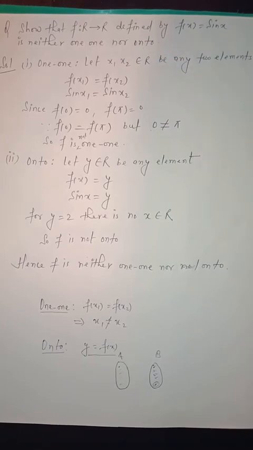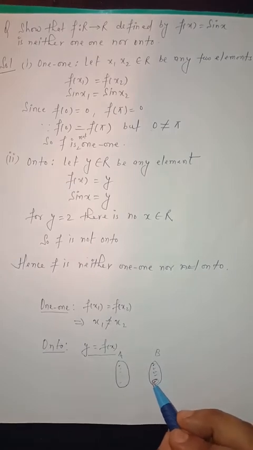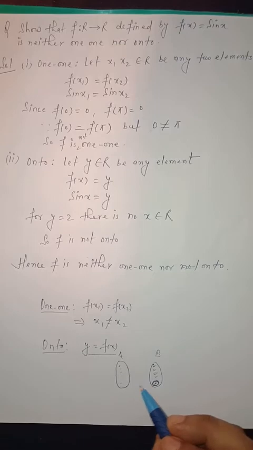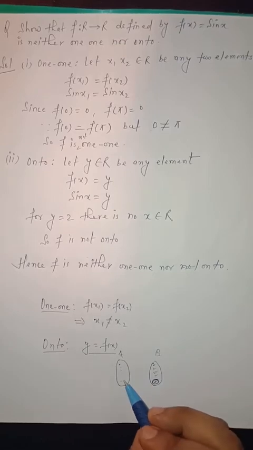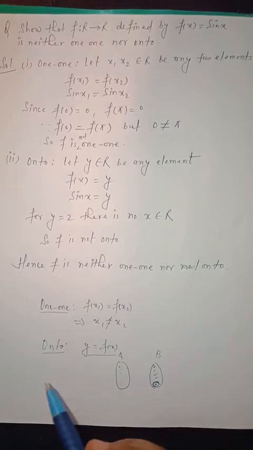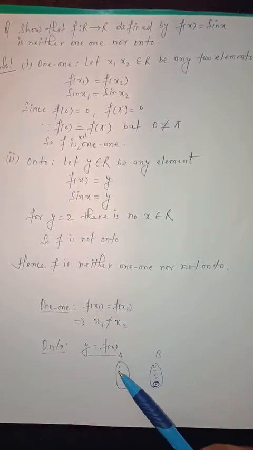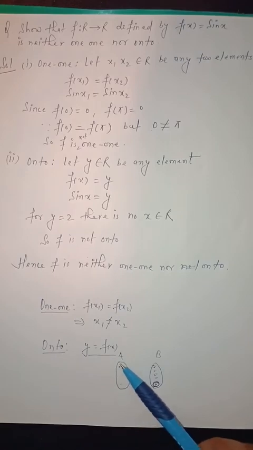It means we have to show that there is at least a single element in B which has no pre-image in A. So if we are showing that there is a single value of y for which there is no x in set A.